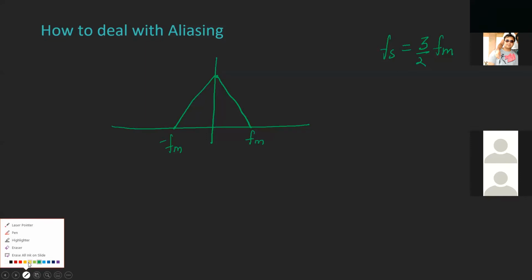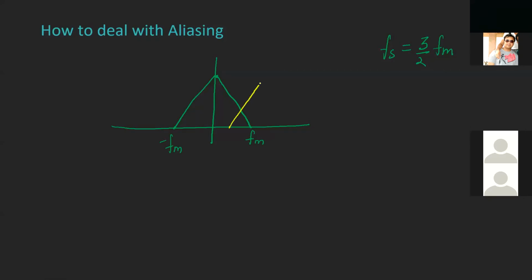Let's assume two cases here. In the first case, I am not passing it through any low pass filter, I'm just directly sampling it. So in that case, the adjacent spectrum was here. It will come till fm by 2, that is 3 by 2 fm minus fm.